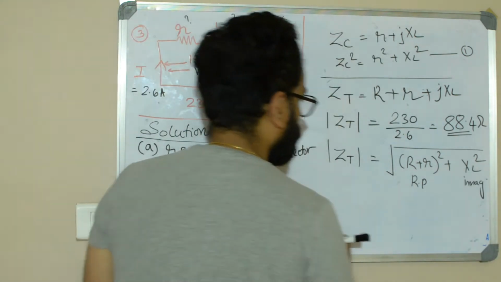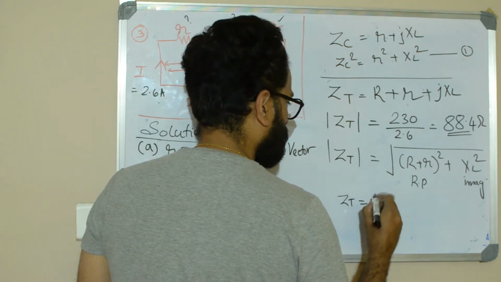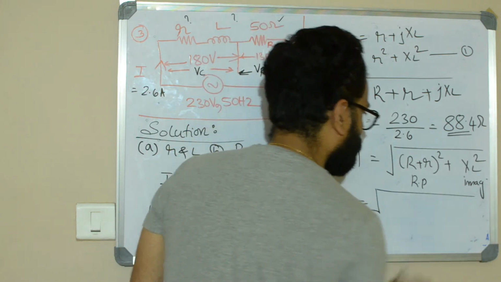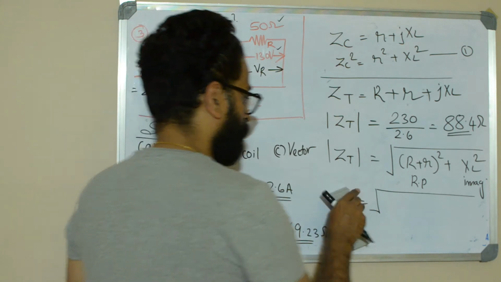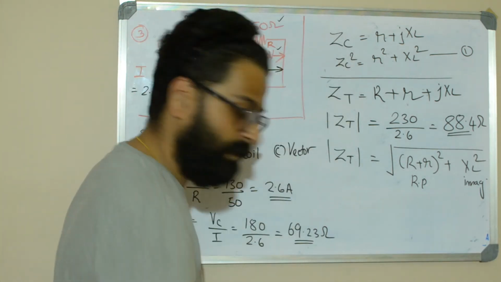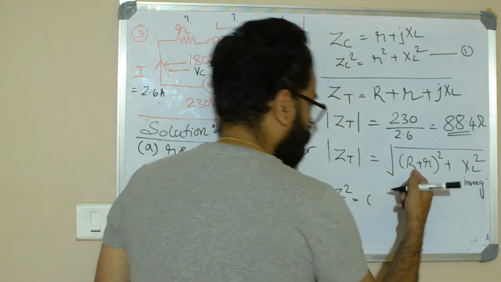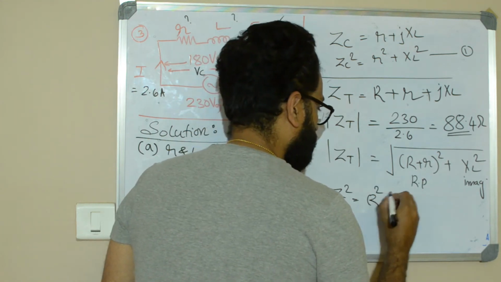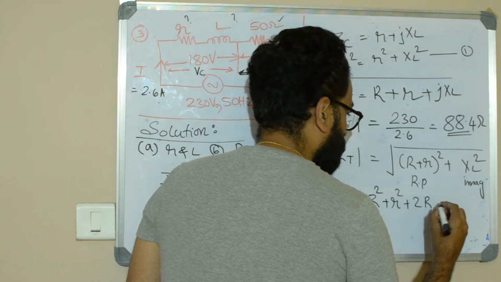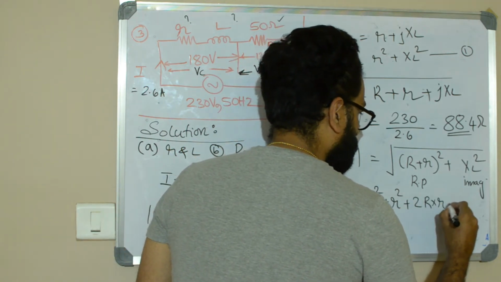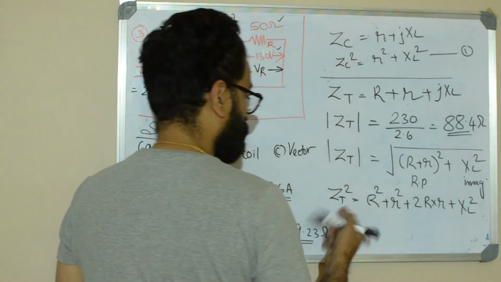So we have Z total is equal to under root, or rather you can square the LHS as well. So we have Z total square is equal to, you can expand, it is capital R square plus small r square plus 2 times capital R into r plus XL square.